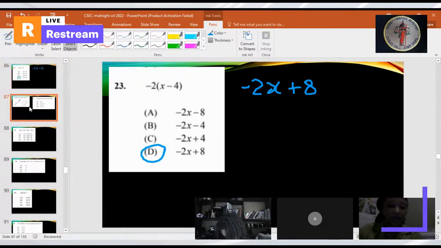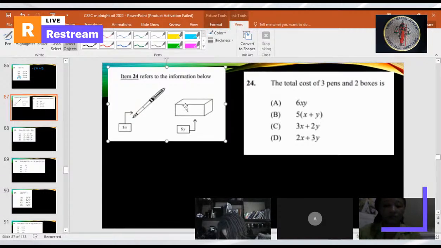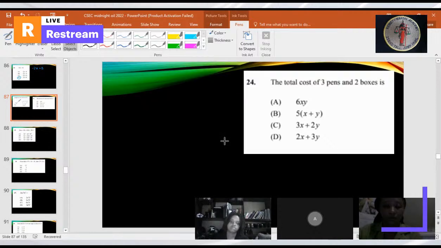All right, Asar, number 24. The total cost of 3 pens and 2 boxes is. All right, so that's the cost. Let me expand it.